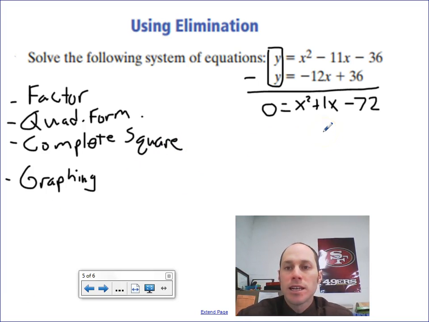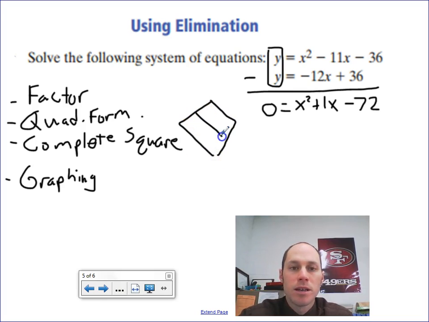As I look at this problem, I see that I can solve this one by factoring. Since it's a trinomial, I'm going to think of my diamond and think, well, I've got to get a factor of negative 72 and a sum of 1. So 9 and negative 8.